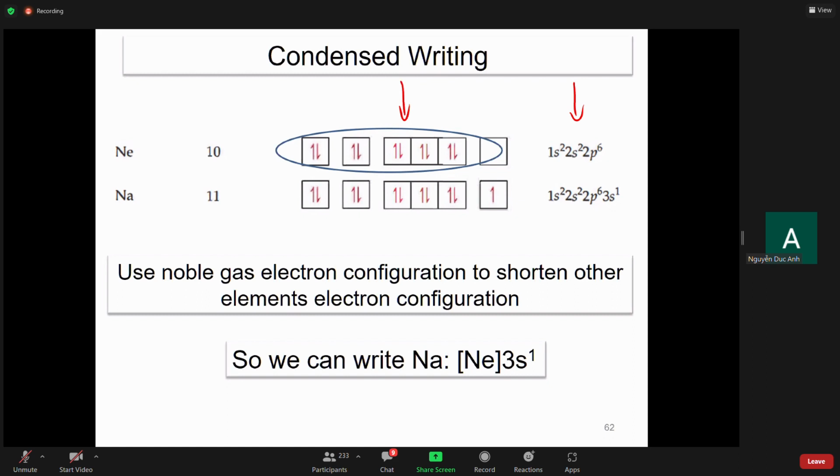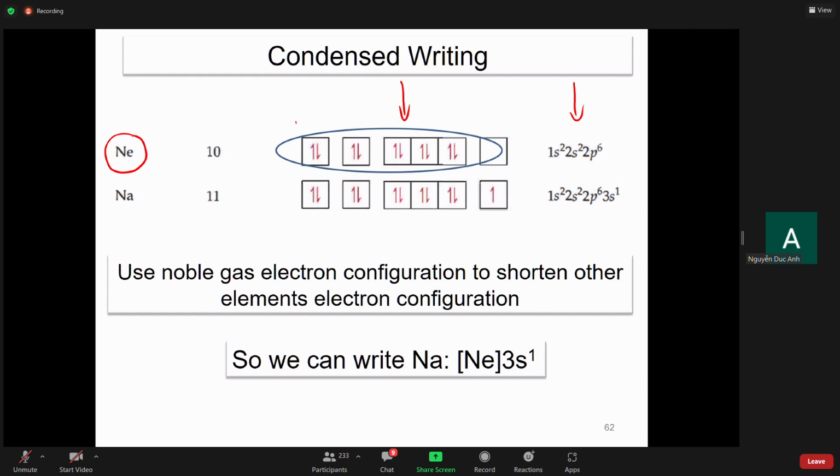But in the periodic table, or in nature in general, there are some elements like neon with the electrons fully filled. They become very stable elements.